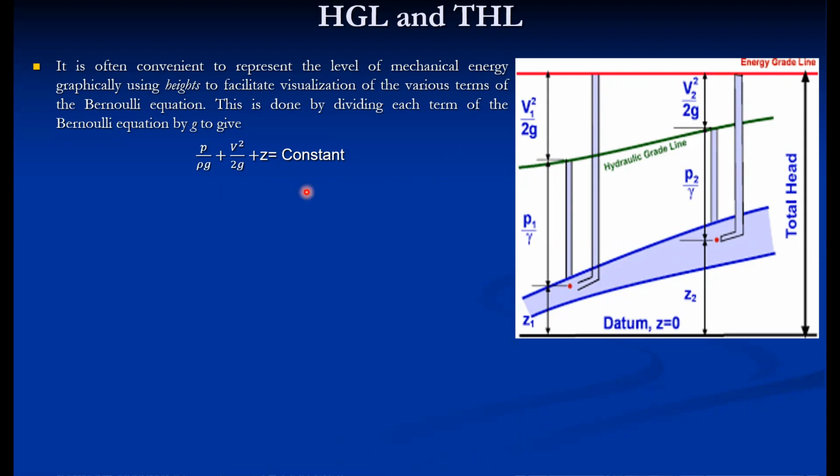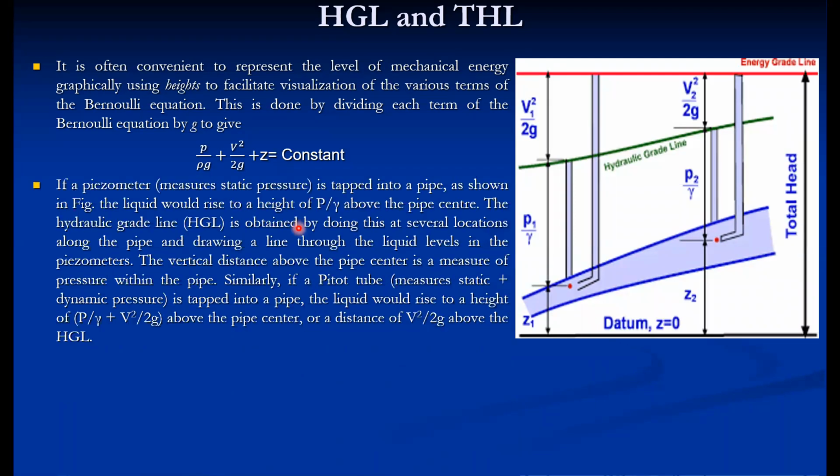For example, this is called the static head, and in order to measure the static head, piezometers are used. This is called a piezometer, and this is the piezometric head, tapped in a pipe as shown in the figure.